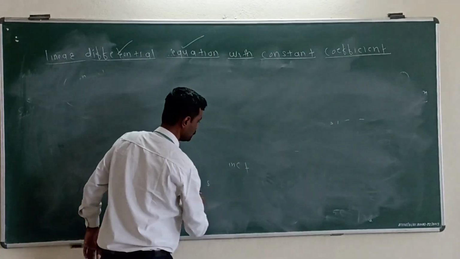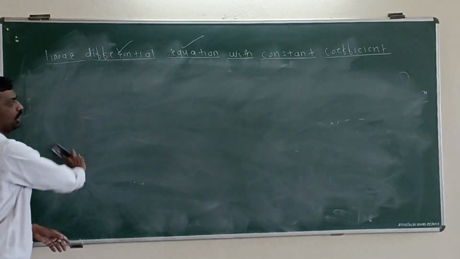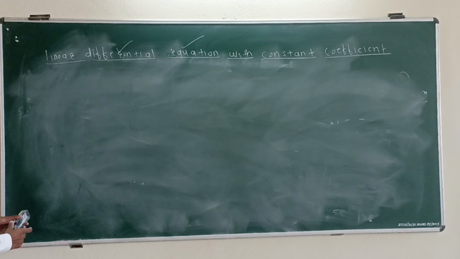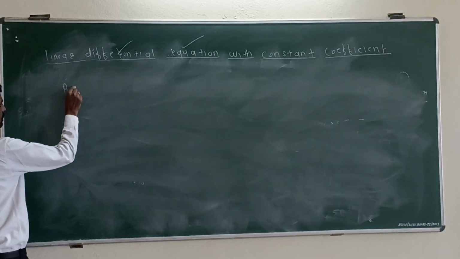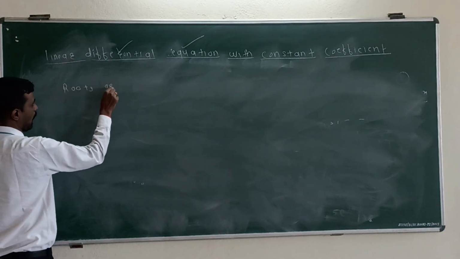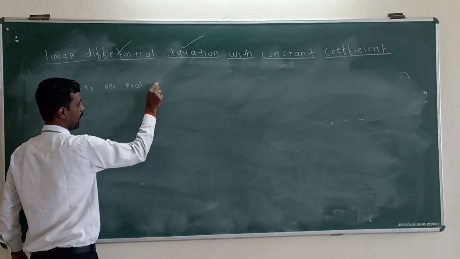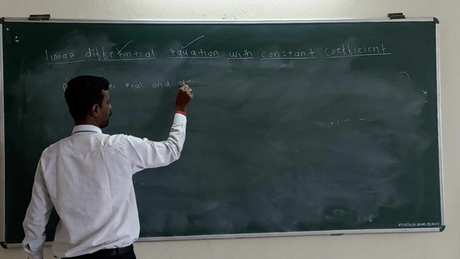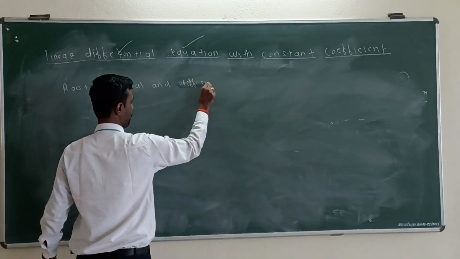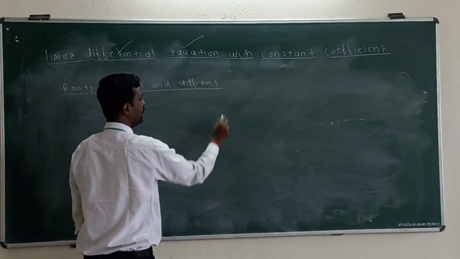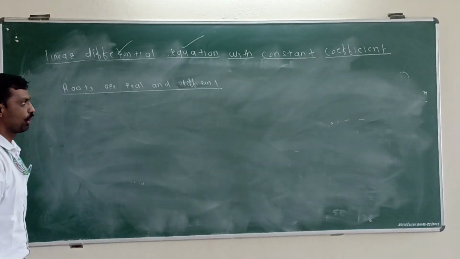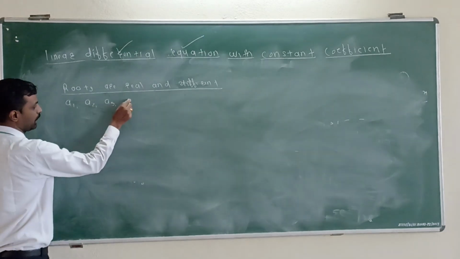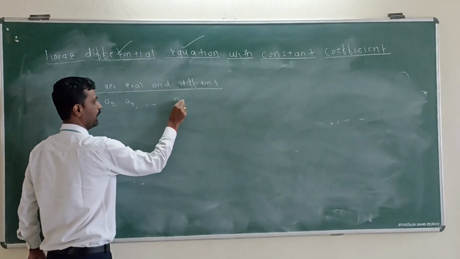Suppose the differential equation is of order n and degree 1, that is a linear differential equation. Then first, the roots are real and different. Suppose the linear differential equation has order n, then its roots are a1, a2, a3, a4, an.